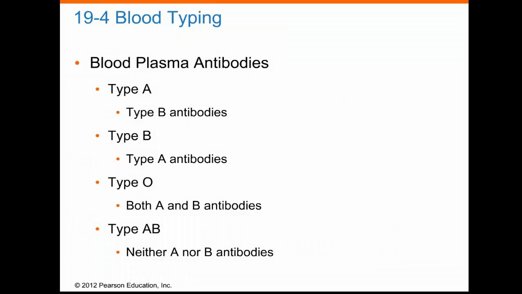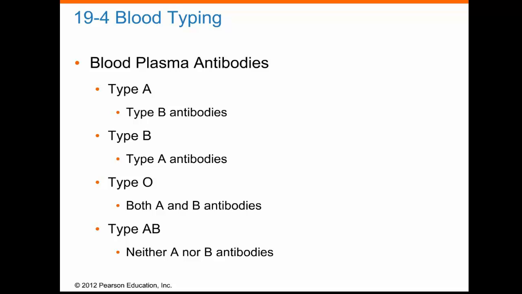Type O has neither A nor B antigens on the surface of the red blood cells, but in the blood plasma they have both A and B antibodies. The person with type AB blood has the A and B antigens on the surface of the red blood cells, but in their plasma they have neither A nor B antibodies.